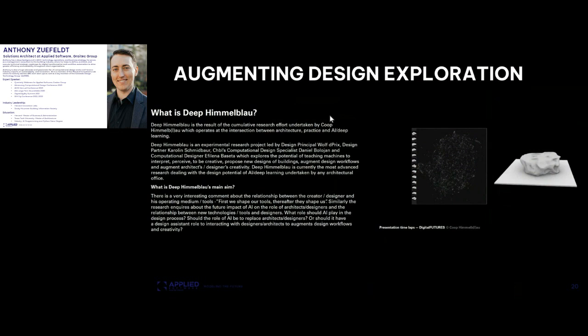They're a famous and fairly big design firm, but they built their own AI application called Deep Himmelblau, which was basically trained on all of their prior projects to help them generate new design proposals. So it's a tool that augments the designer's work. Feel free to check out their website.